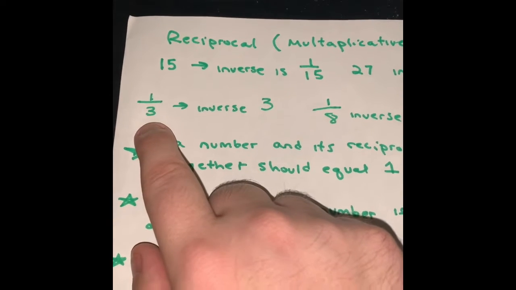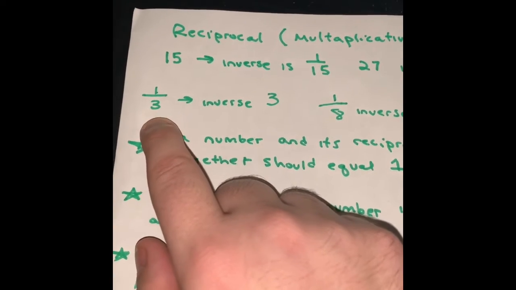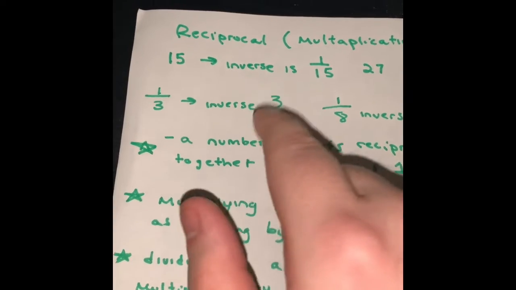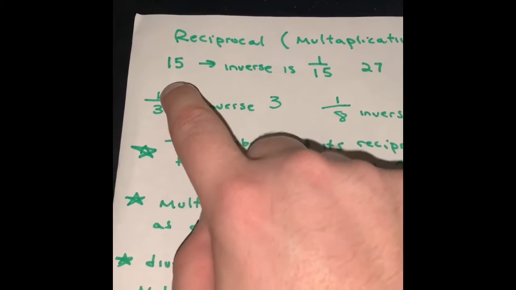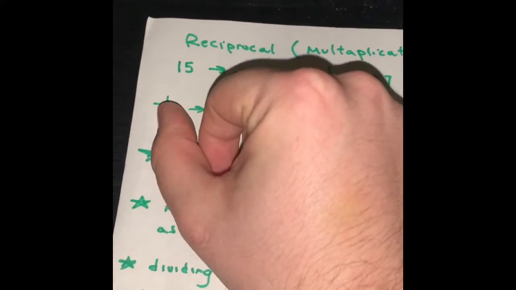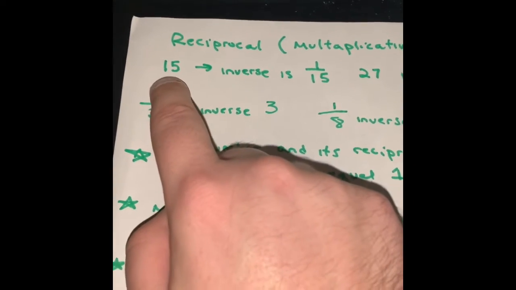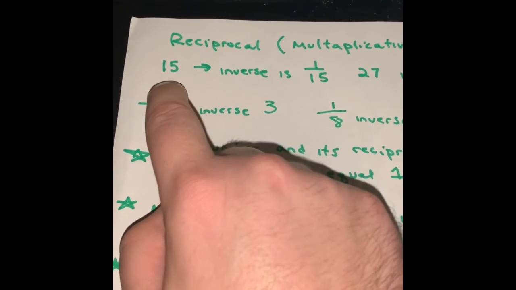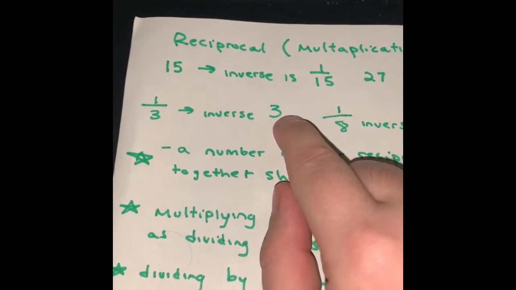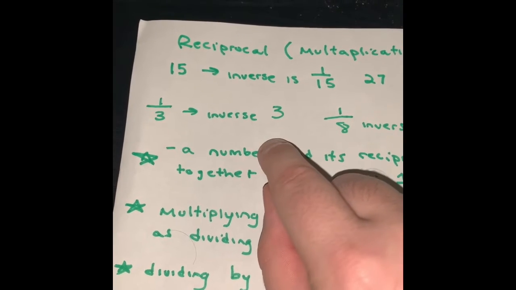If we had 1/3, our reciprocal would instead be 3, which is the same as 3 over 1.